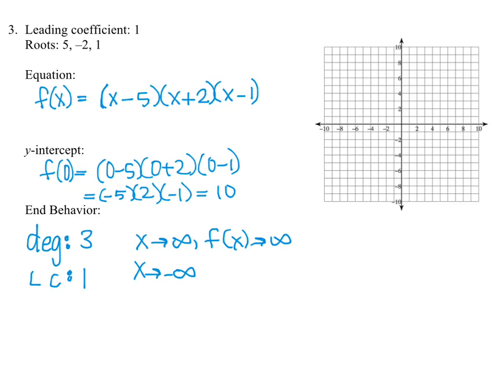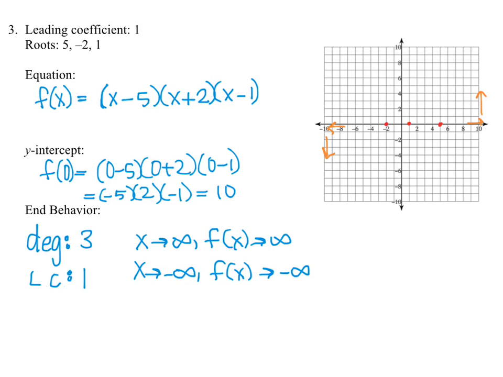As x approaches negative infinity, my odd degree means left and right go in opposite directions. So when I put all of this on the graph, I have my x-intercepts at 5, -2, and 1. For the end behaviors, to the right it's going up, and to the left it's going down.